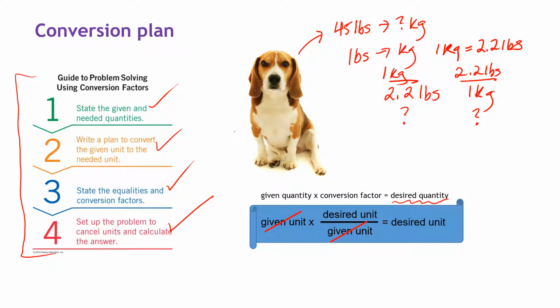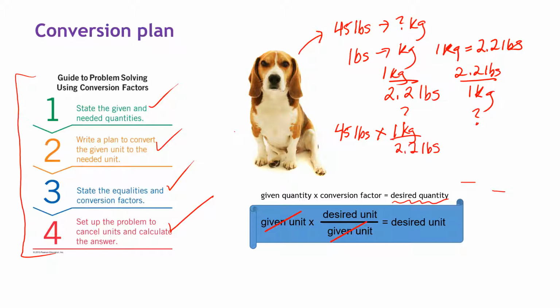Okay, so now let's just solve the puppy problem. We're going to say 45 pounds times 1 kilogram per 2.2 pounds.